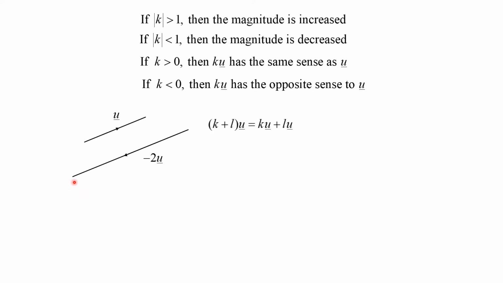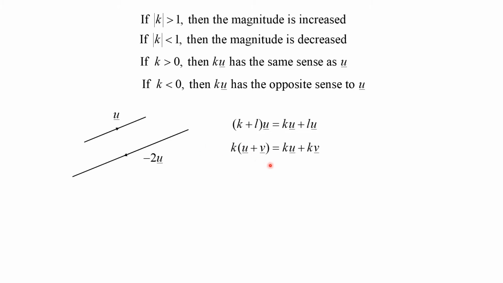Next, we will represent this in a figure. So you see, if this is magnitude U and negative 2U here, it simply means the direction is being changed simply because the K is a negative value.